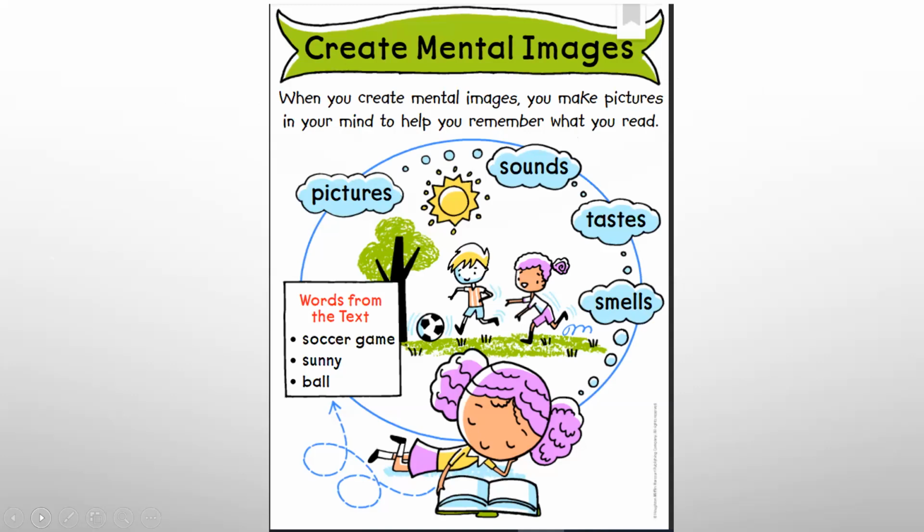She makes up this picture above her head, and she pictures it with the sounds that she hears, the tastes that go along with it, and the smells that go along with it. So using her senses, she comes up with pictures by reading from the book. It's a good strategy to help you remember what you read.